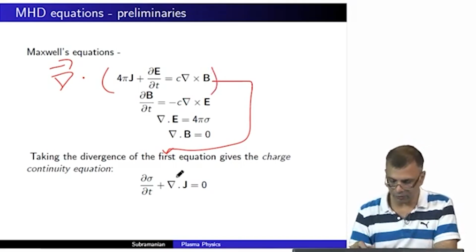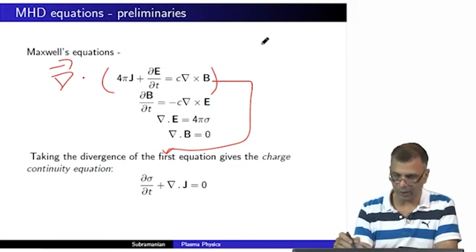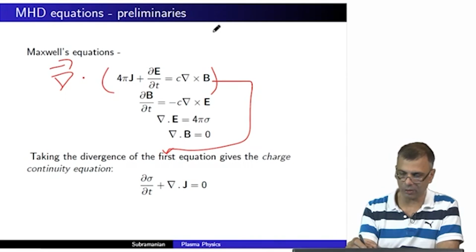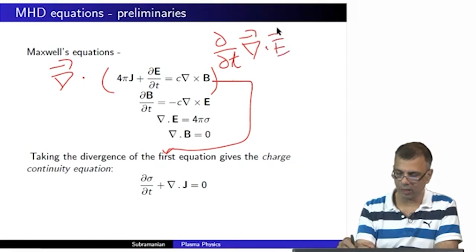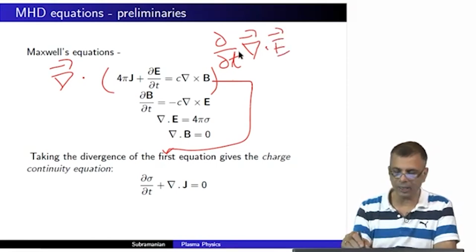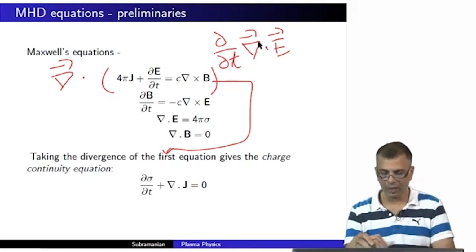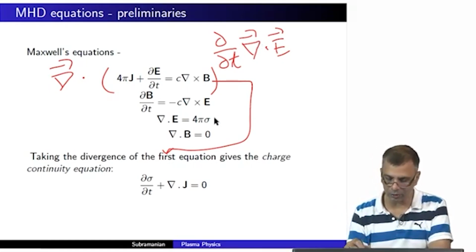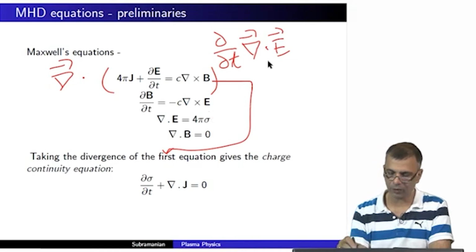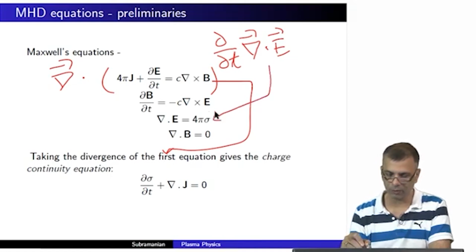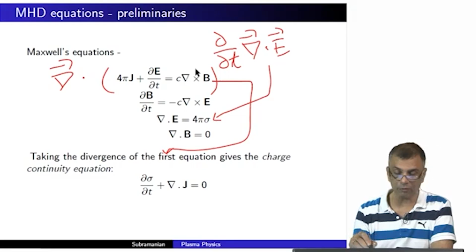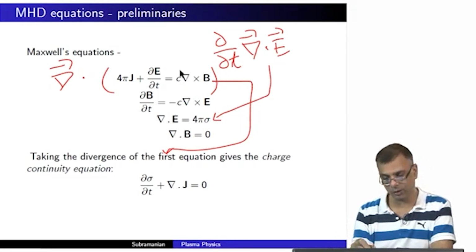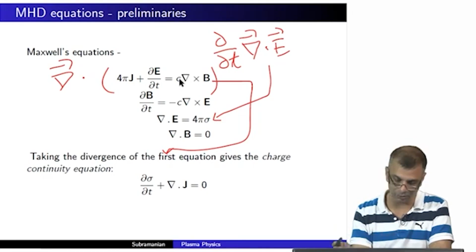So, I have the divergence of J, and the divergence of this term would essentially become d over dt of the divergence of E. I am assuming that the time and space derivatives can be interchanged, and for the divergence of E I substitute from here. And the divergence of a curl is always 0. So, taking the divergence of the right hand side just gives you 0.